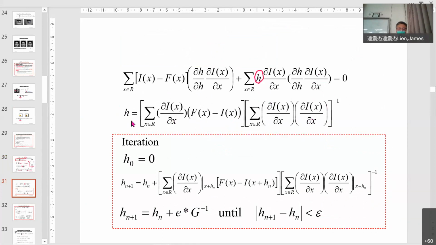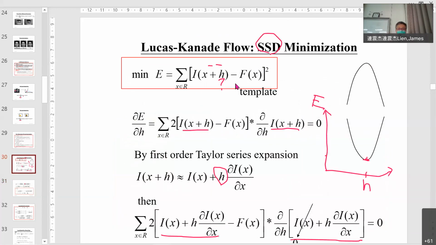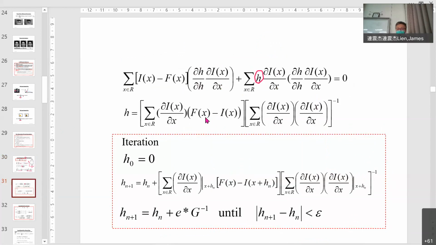So we will find out this is the result here. The result is this one. This is the denominator term. It is I with respect to x. Because this is 1D, there are two derivatives, first-order derivatives, as an approximation. What is this f? Sorry, suppose this is t plus 1 and this is t, this template, this t and this t plus 1. So this is the difference between the two.